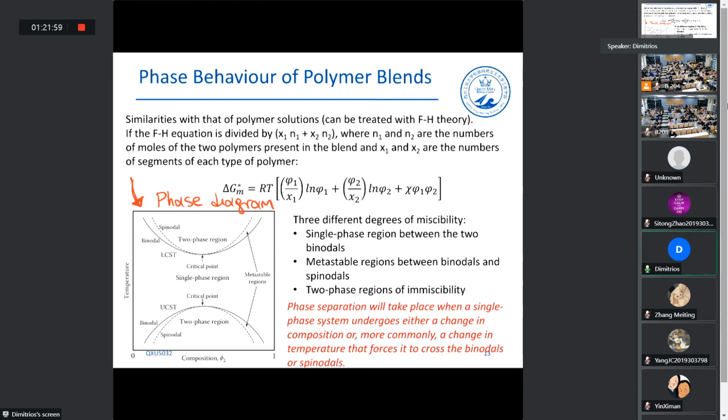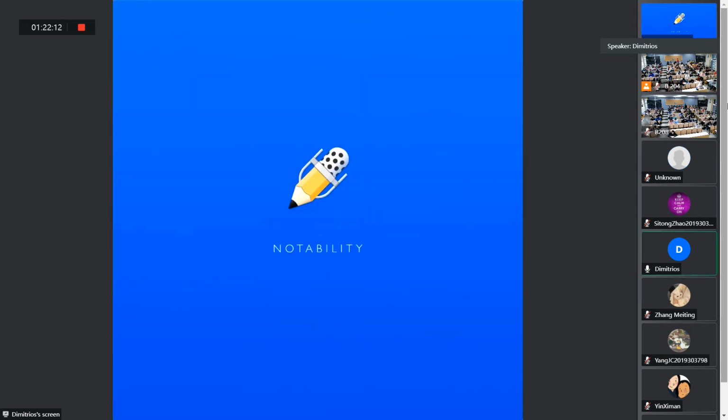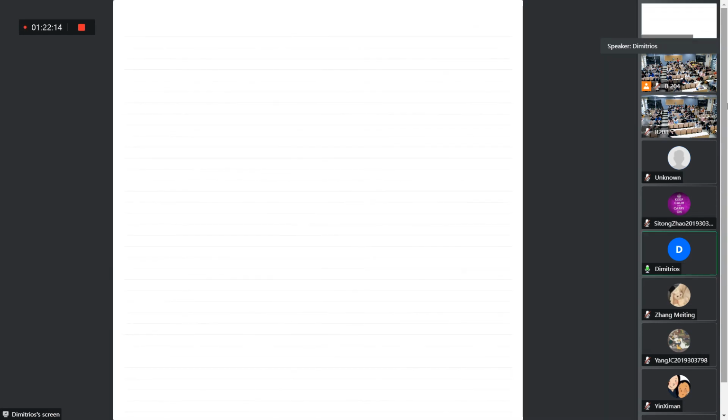So we have a two-phase region and a one-phase region. The phase diagram consists of temperature versus composition. But let me create a new node and let's go through the phase behavior together.